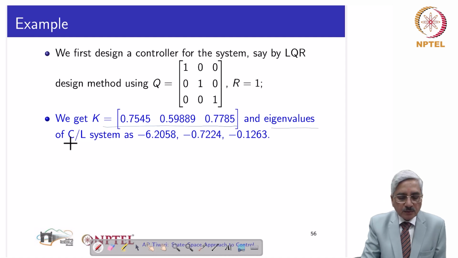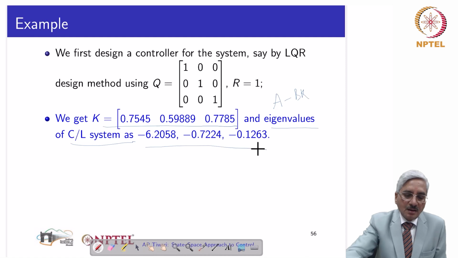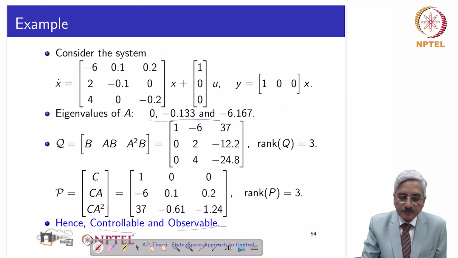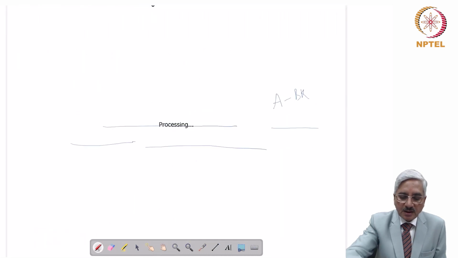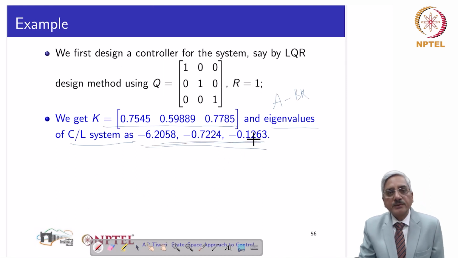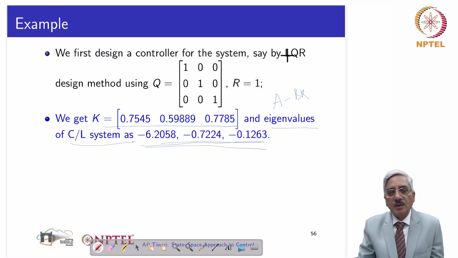And the eigenvalues of the closed loop system A minus BK will come like this. One can verify. And of course the eigenvalues of the open loop system were given in the slide here. They were this. So we have designed a closed loop system such that all the eigenvalues are very clearly in the open left half S plane. Even though this design was done using LQR, it got ensured.